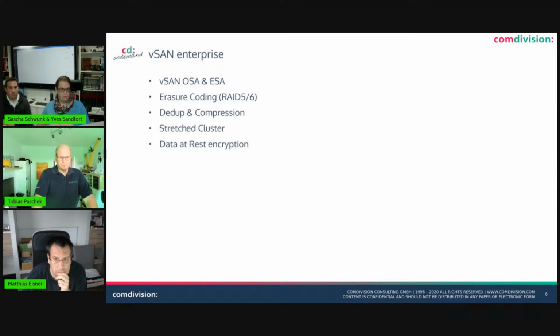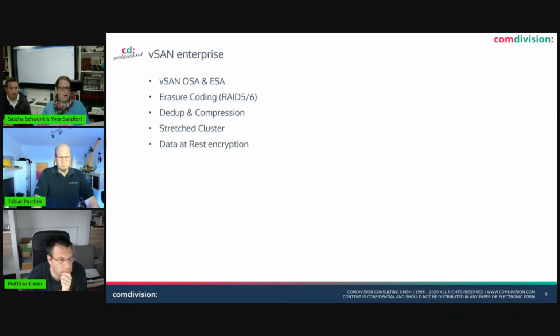So that is good for service providers. You now have all the features, so you can use erasure coding, you can use dedup and compression. Many people enabled dedup and compression in the past, not necessarily for performance, but primarily to reduce the amount of used capacity, as used capacity doesn't matter anymore. It's always a question whether you want to keep it on, because it also had its other challenges.